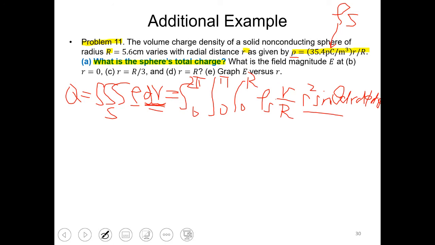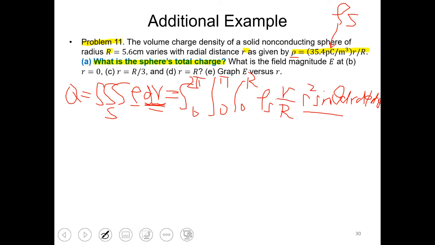So for polar coordinates, you will have r dr d phi. But for spherical coordinates, it will become r squared times dr, which will be a small volume, and you also have sine theta d phi d theta, to specify the infinitesimal volume.